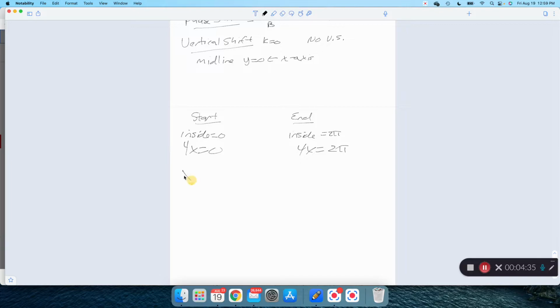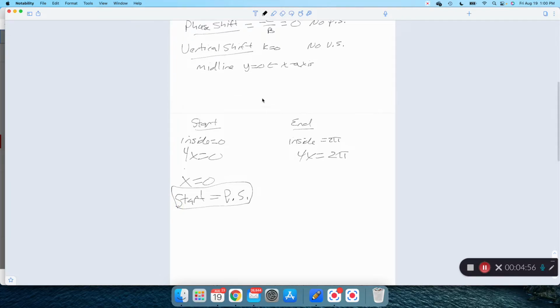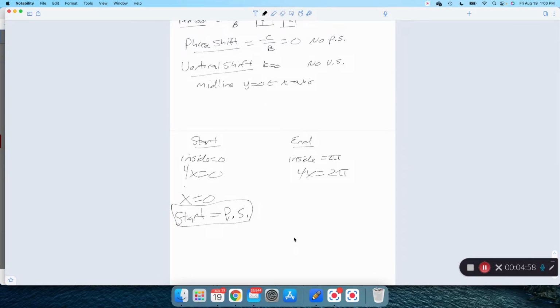Here we get x equals 0. If there's no phase shift, this is always going to happen. In fact, start will always equal the phase shift. This is just a check right here. Your start and your phase shift will always be the same, even when we get more complicated problems.